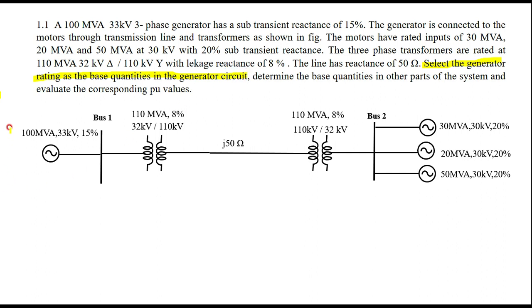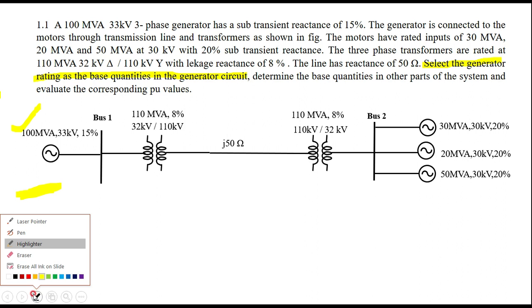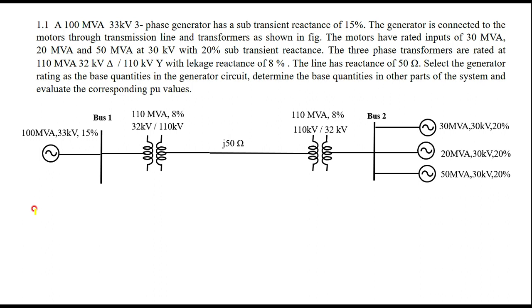Means you have to choose the generator rating itself as the base quantity in this generator circuit. That is how we choose the base, because it is given in the statement. Therefore, I am choosing the rating of the generator as the base quantity in the generator circuit itself.